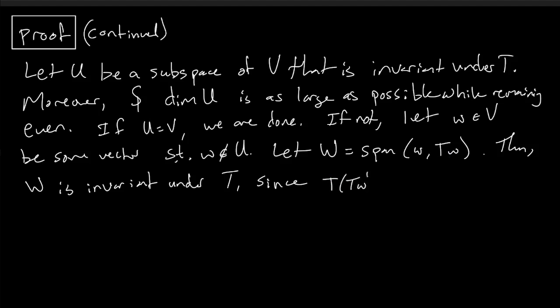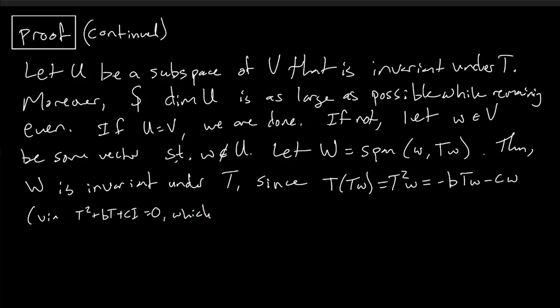T of Tw, this is T squared w, but T squared w is equal to minus BTw minus Cw. And this comes from the fact that T squared plus BT plus CI is the zero operator, which means that T squared is equal to minus BT minus CI. So T squared w is minus BTw minus CIw, which is just minus Cw.